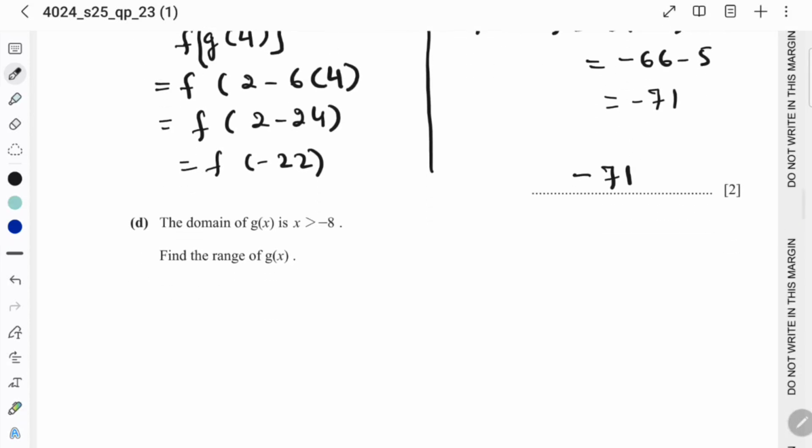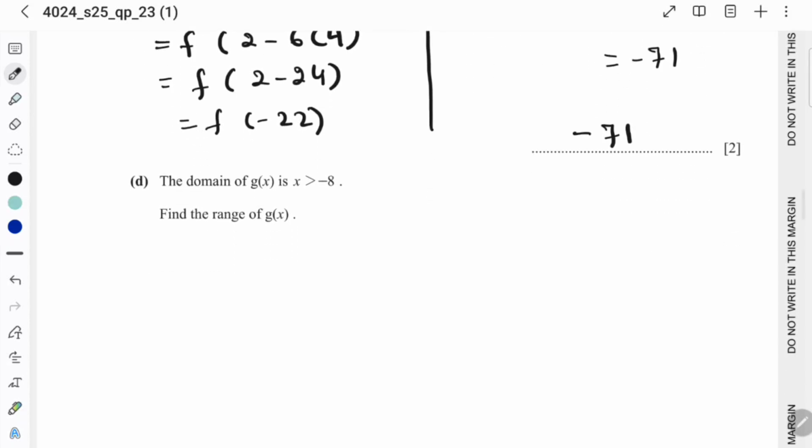The next question: the domain of g of x is x greater than minus 8. So the x value is greater than minus 8, and the next number greater than minus 8 is minus 7. We can try minus 8 and also minus 7, and then we'll find out the range of g of x.